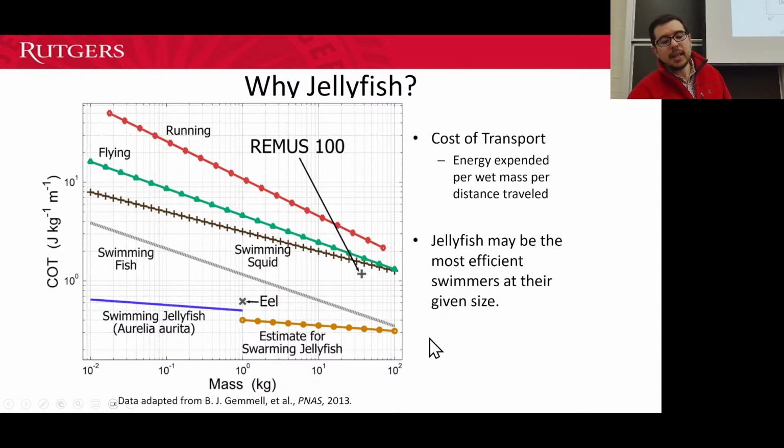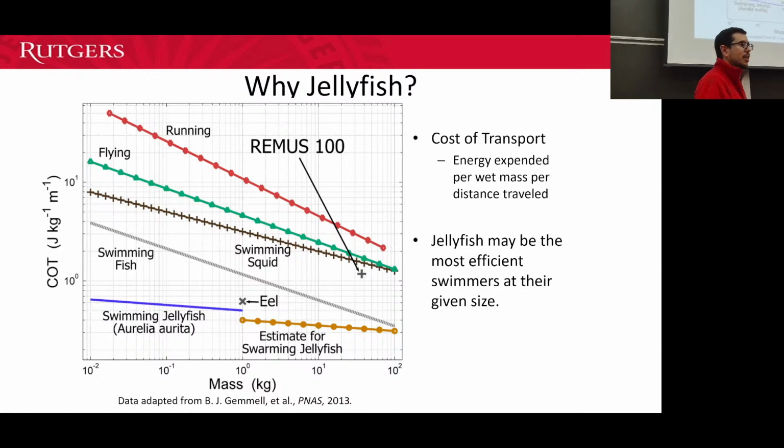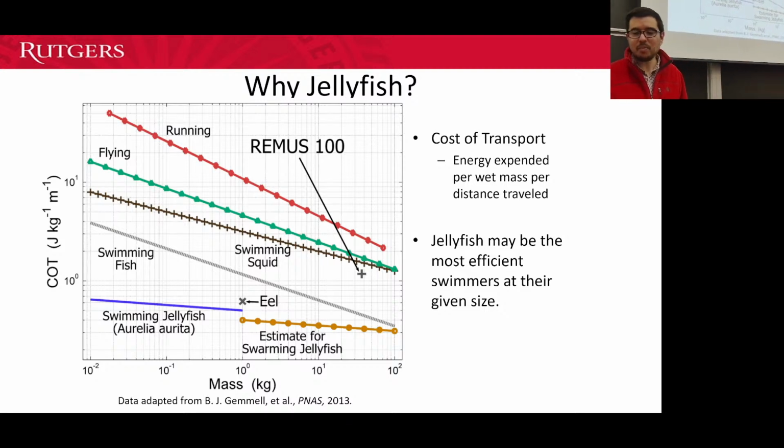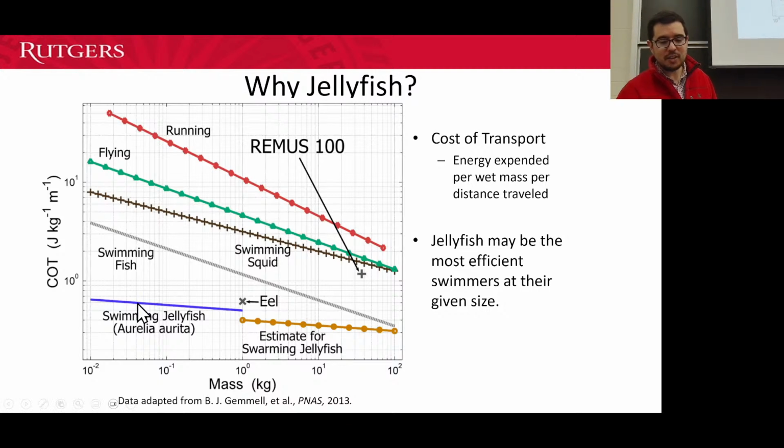And they did a nice job of plotting different forms of locomotion and different morphologies or organisms as a function of their mass. They've been spending a lot of time looking at jellyfish, Aurelia aurita, okay?